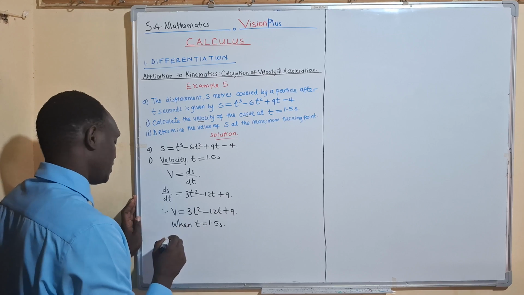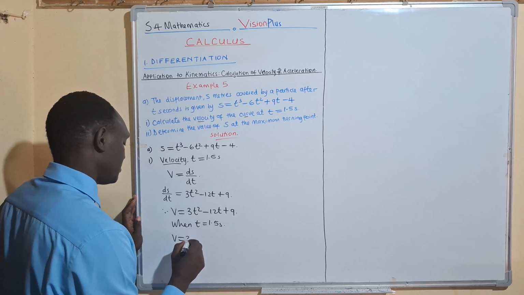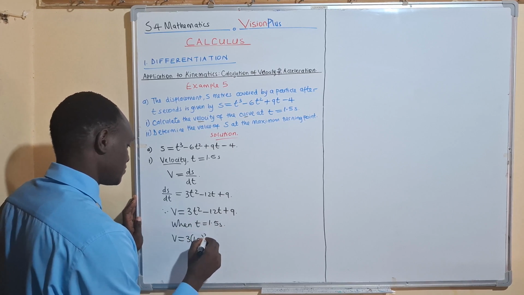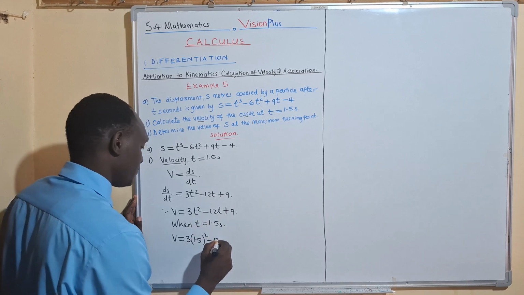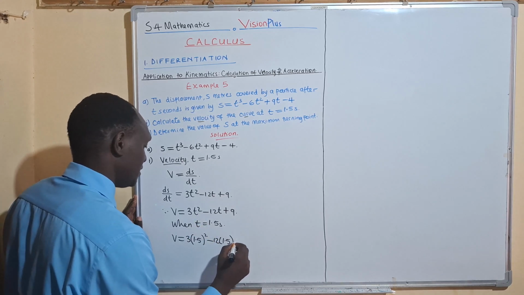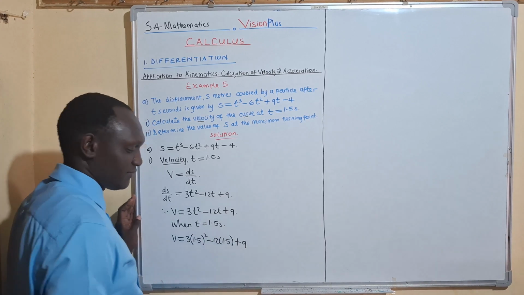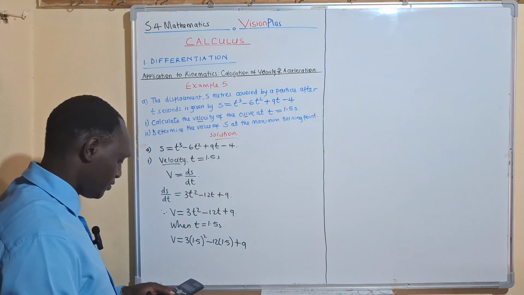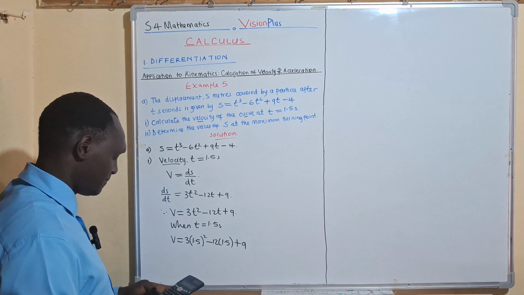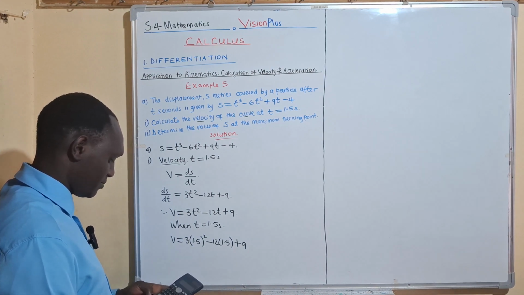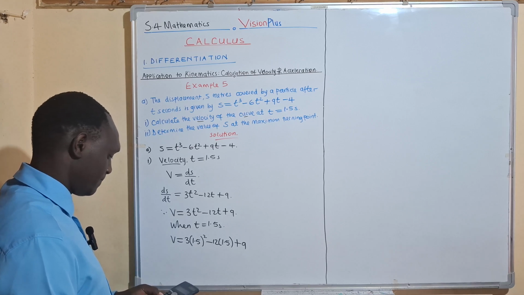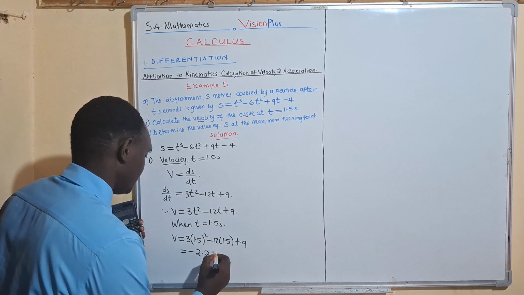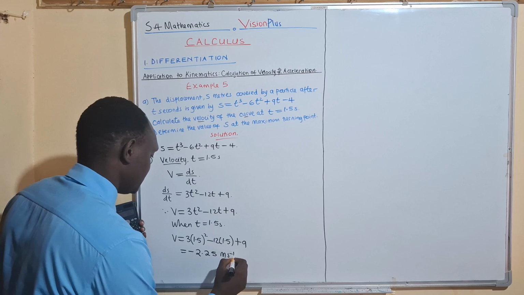You substitute in the expression. Therefore, the velocity becomes 3 times the time, 1.5 seconds, squared, minus 12 times 1.5, and then plus 9. You simplify that on the calculator or by any means that you like. I'm getting velocity as negative 2.25 meters per second.